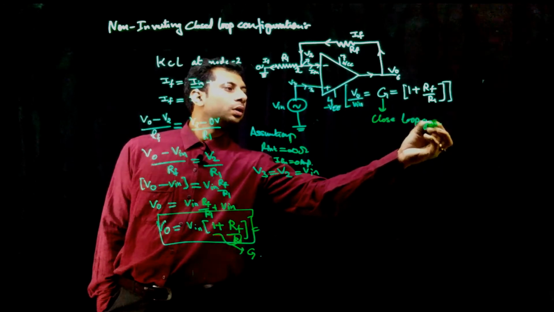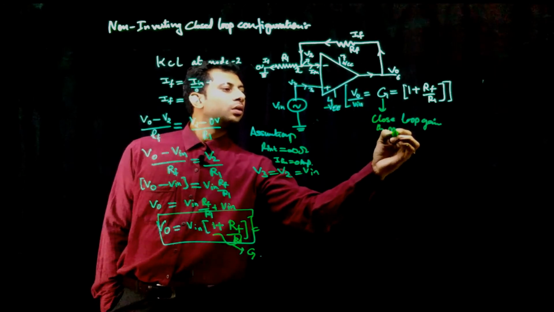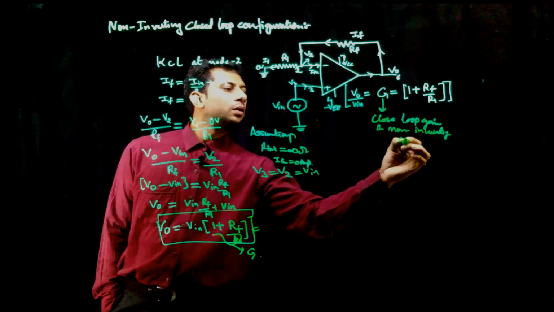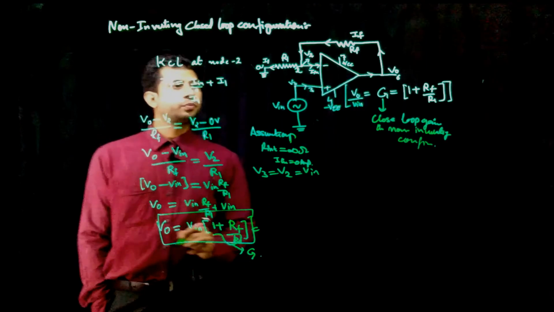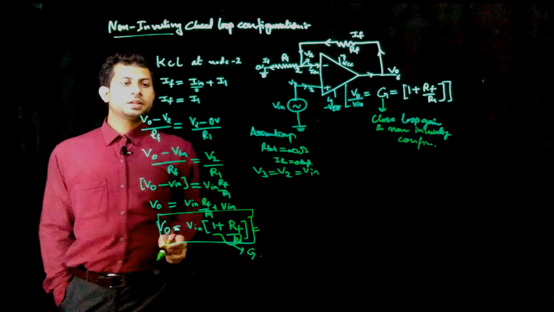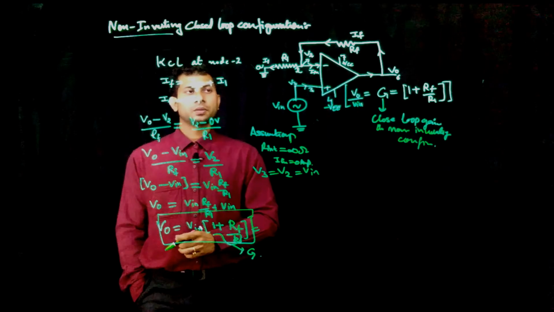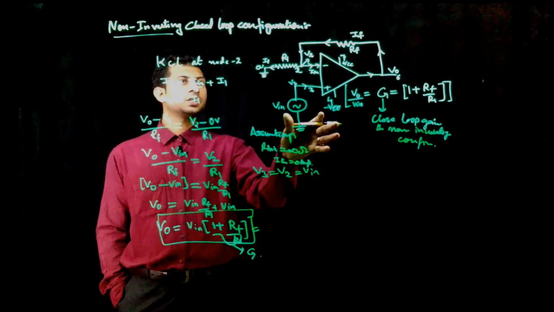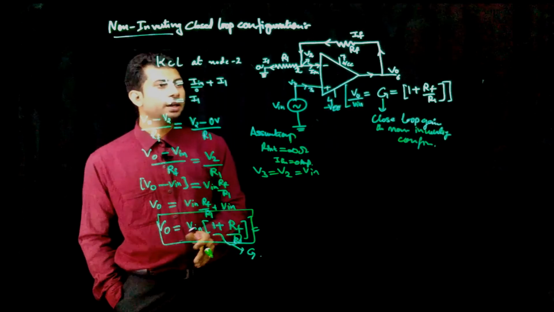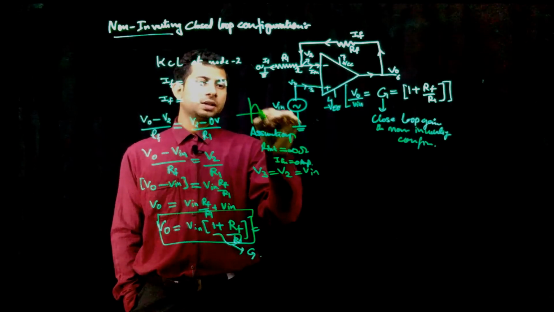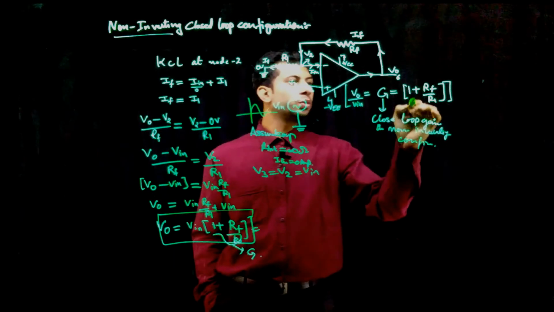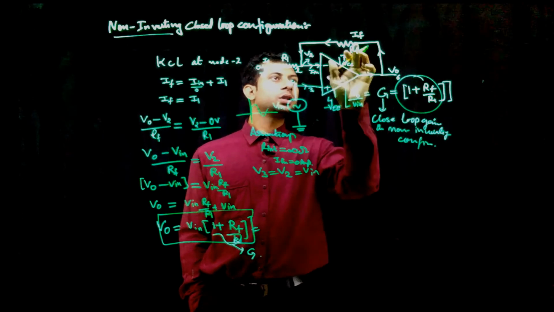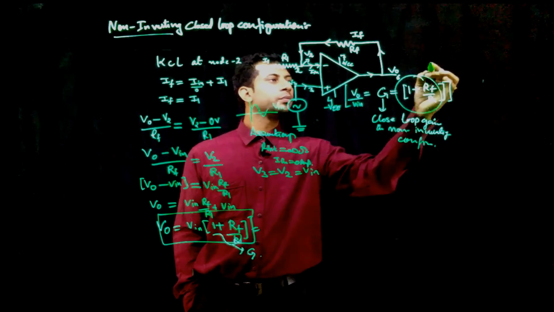Closed loop gain in non-inverting configuration. Okay, hence we have derived the relationship of output and input for this configuration, which is known as non-inverting configuration, and if we apply some input voltage, then the output will be amplified with this gain, which is dependent on this resistance Rf and R1.